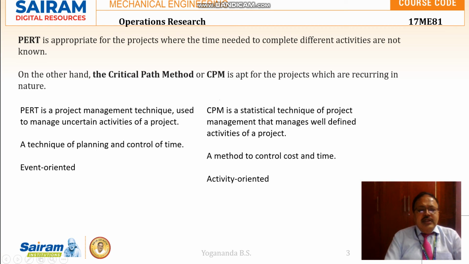PERT is a technique of planning and controlling time, whereas CPM will control the cost of the project and the time involved. PERT is event oriented. CPM is activity oriented. An activity requires some time, but an event will not consume any time.